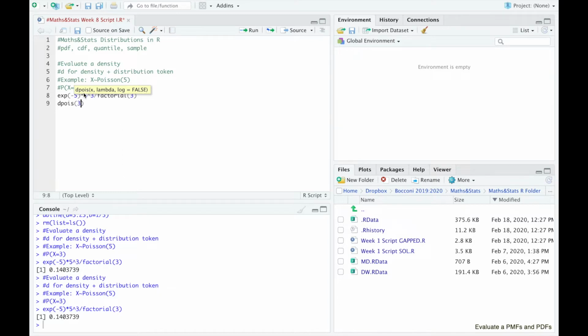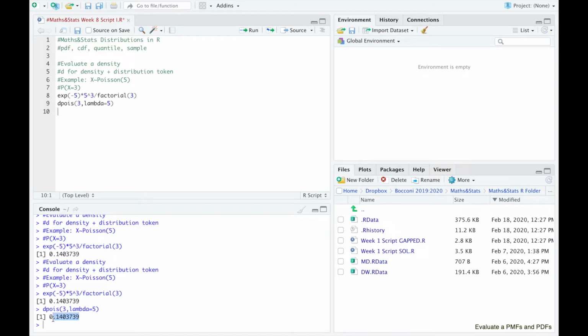If you want to use this function dpois, we have to specify x, which is the point at which the PMF will be evaluated, and the lambda. So this is done in this way: dpois(3, lambda = 5). Command Enter, the result is the same.